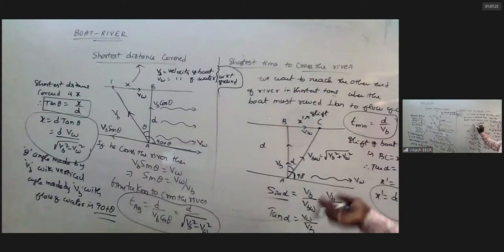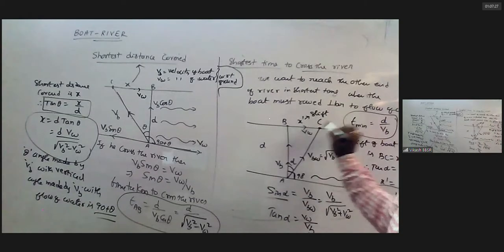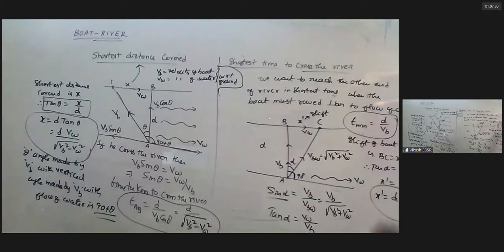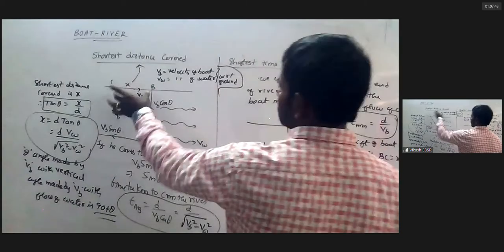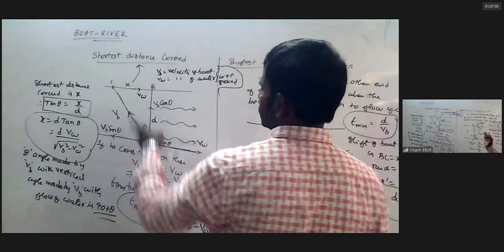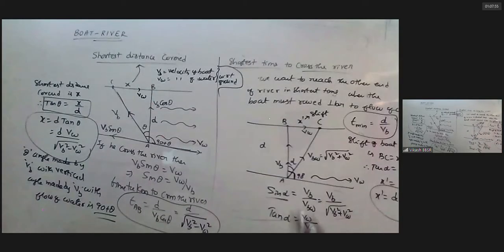We need to reach the point B, but we shifted to C from B. This is the shortest distance covered. It's coming like this, it's going here, but this is the shifted. Both are actually the B point, but it's shifted.